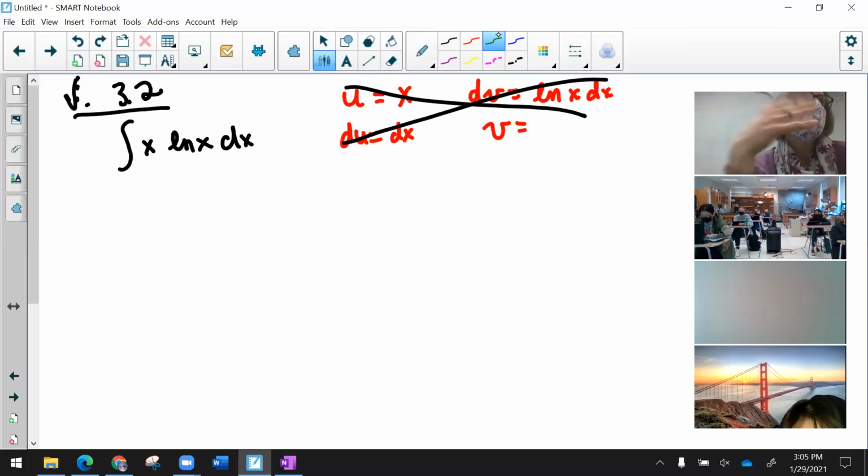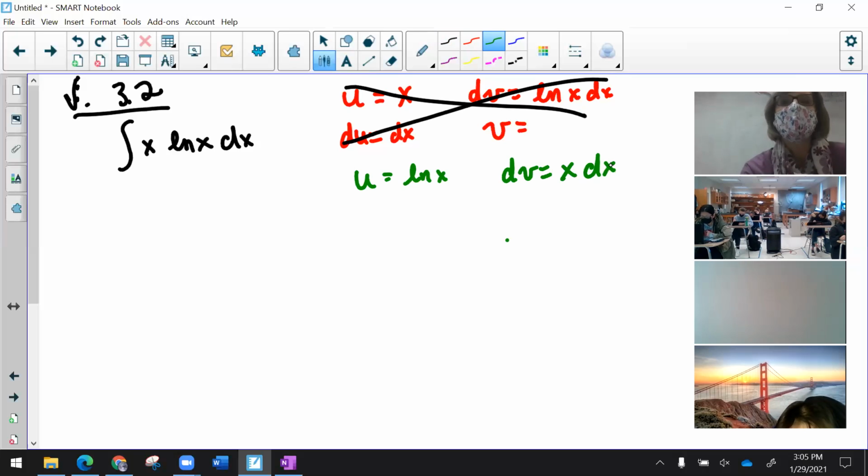So sometimes you have to start again and flip it. So I'm going to say, as Katie suggested, that u is equal to the natural log of x, and dv is x dx.